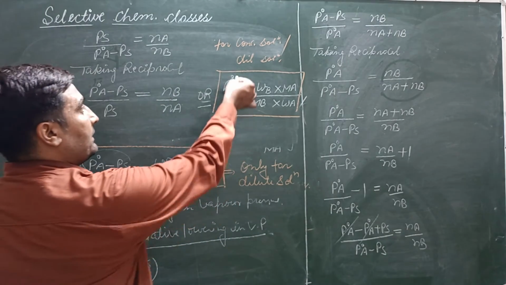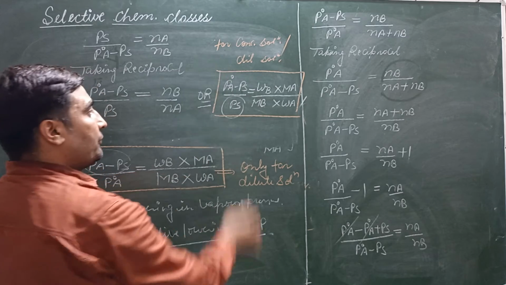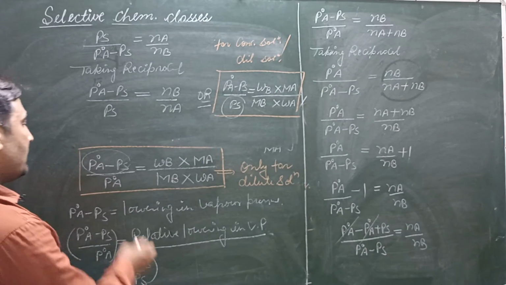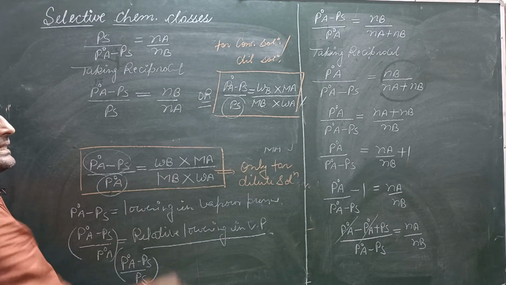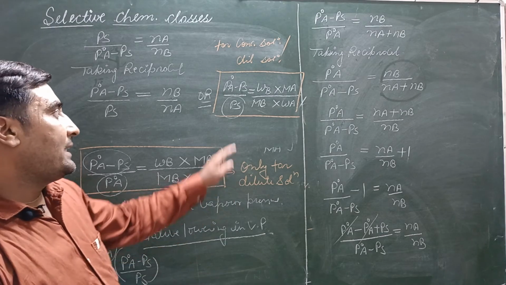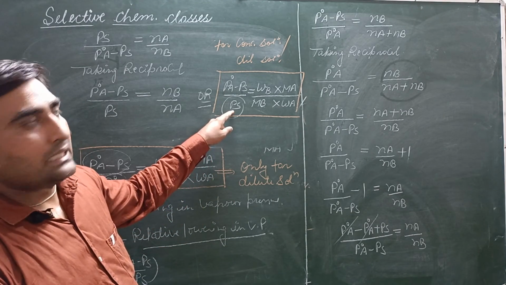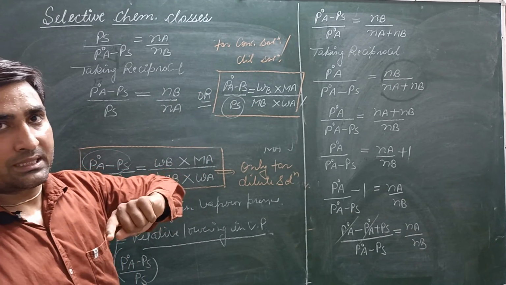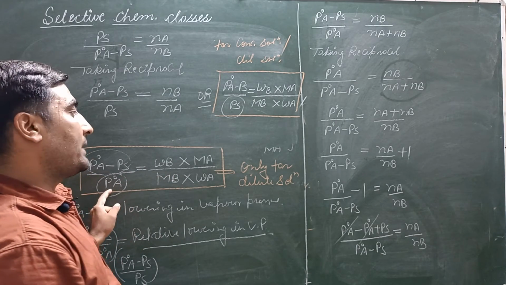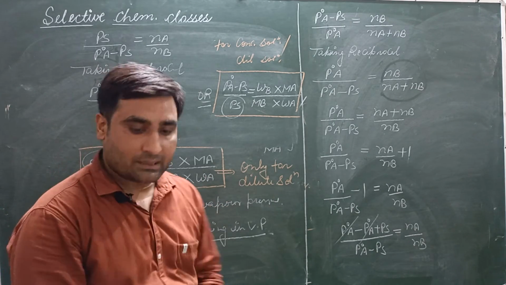But these formulas differ only in the denominator term, either P naught A or PS. If PS is used in the denominator, it applies to both types of solutions, and if it is P naught A, it is only for dilute solutions.